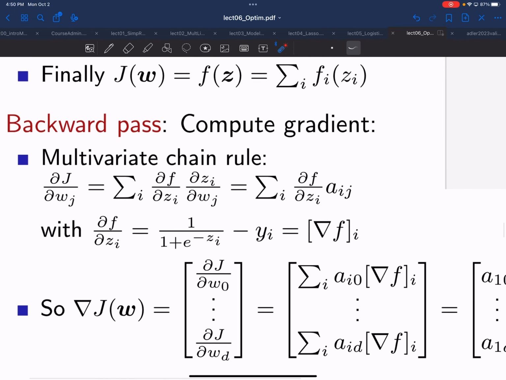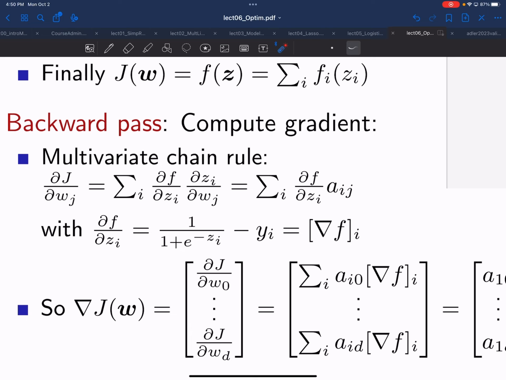Okay, so we have most of the ingredients, but the thing is, we don't want to use for loops if we can avoid them. For loops are incredibly slow. So these are the components of the gradient vector that we eventually want to compute. In particular, the gradient vector is just a stack of these guys.